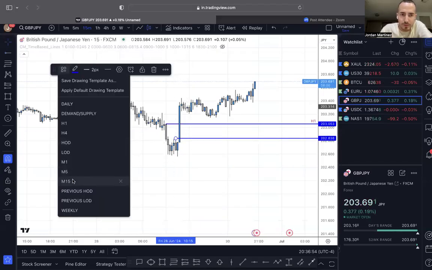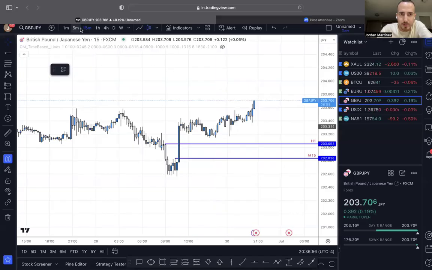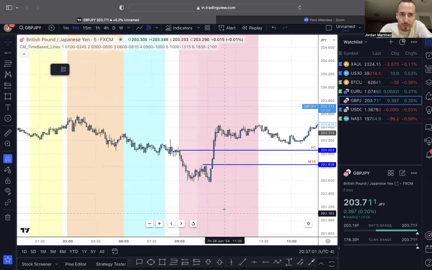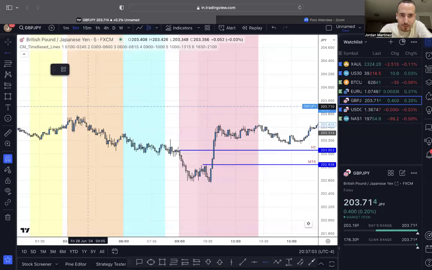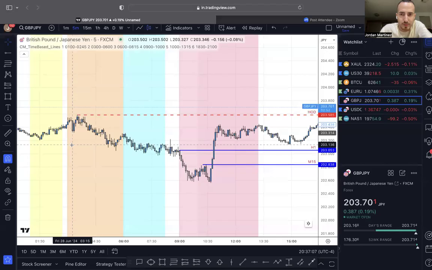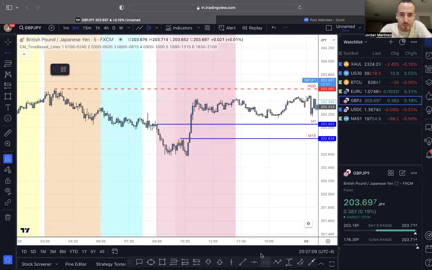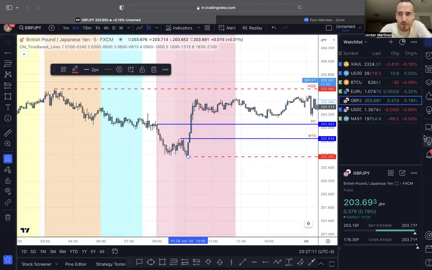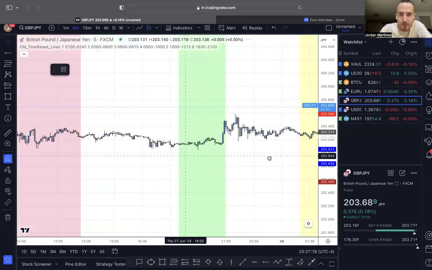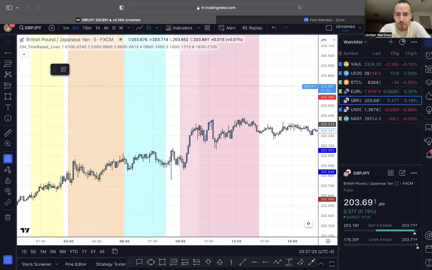Okay, so I will tell you where you could buy GJ if you are going to trade GJ. Let me mark this again real quick, and this will make sense. So you have this right here, and you have the previous high and the previous low of day.